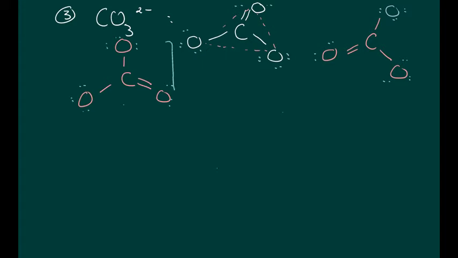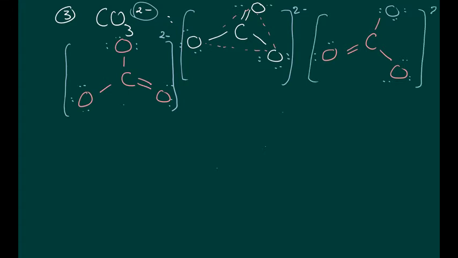Okay, and don't forget that this is an ion which has a charge of -2. The charge should be shown when you draw the resonance structure. So all of those are resonance forms for carbonate ion.